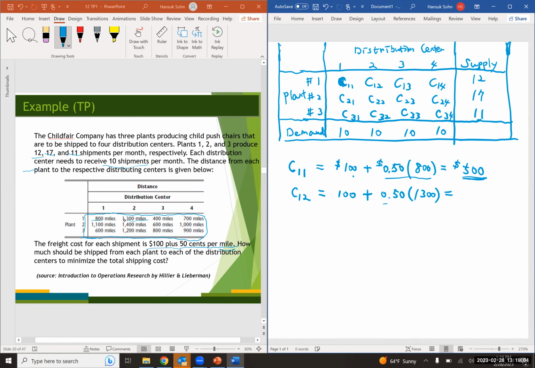So from here we have 650, right? Plus 100, that's going to be 750, right? So you should be able to do the rest of them, right?